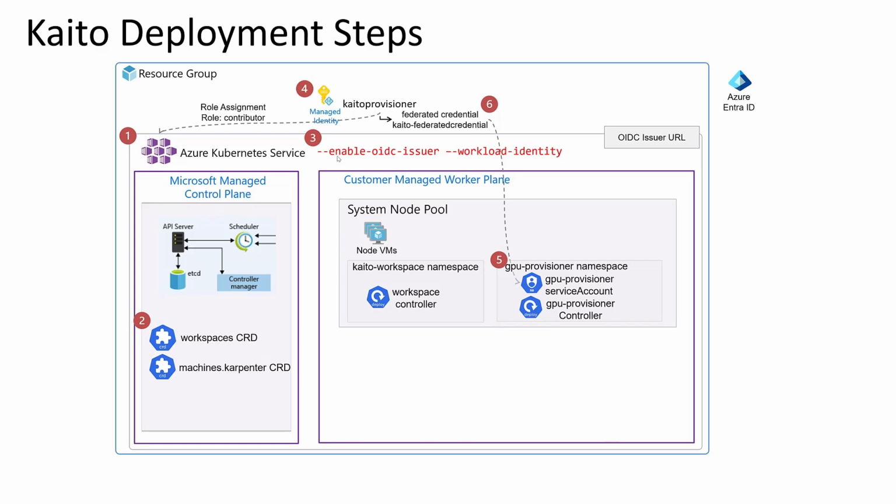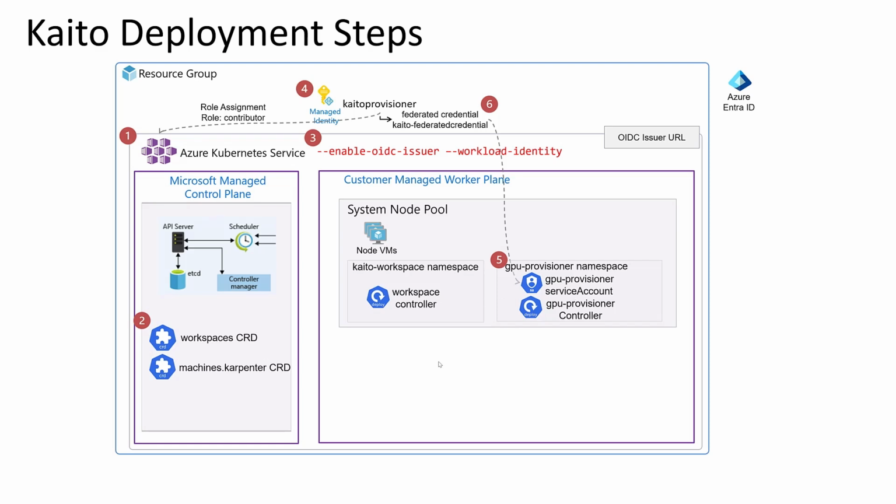So with the combination of enabling the OIDC issuer and workload identity, the managed identity having that role assignment, and a federated credential, which refers to the service account and works with Azure AD, it is able to create that GPU node pool. So at this point, Kaito is pretty much set up.